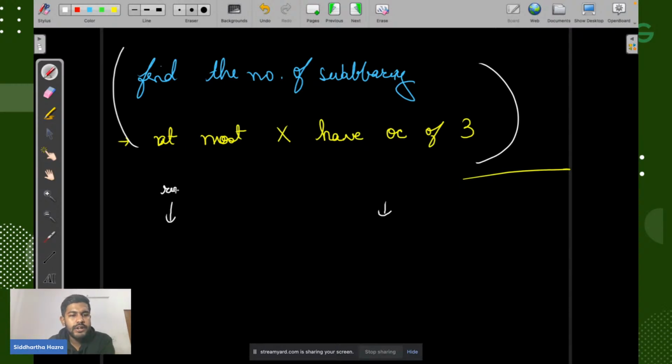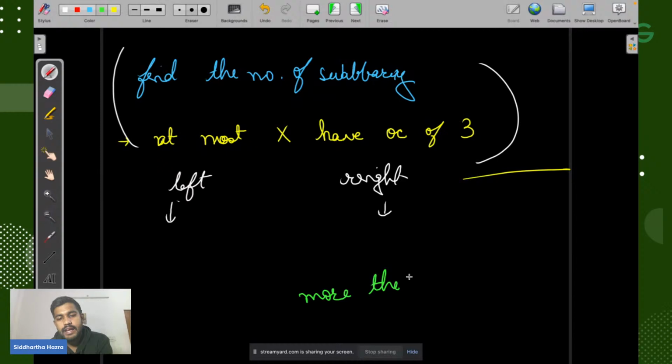There would be a pointer of left and a pointer of right. If more than x values exist, then I would increase the left pointer.